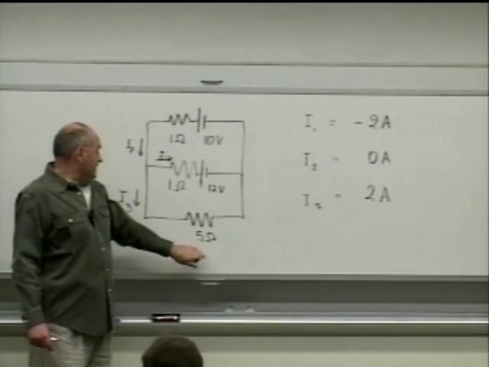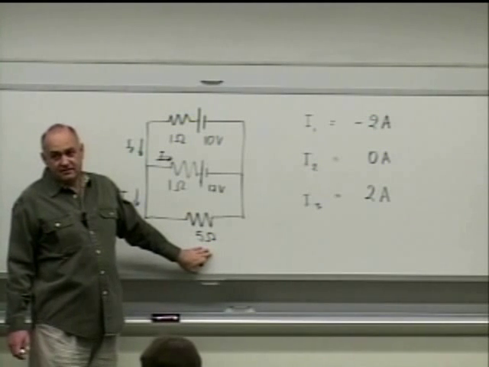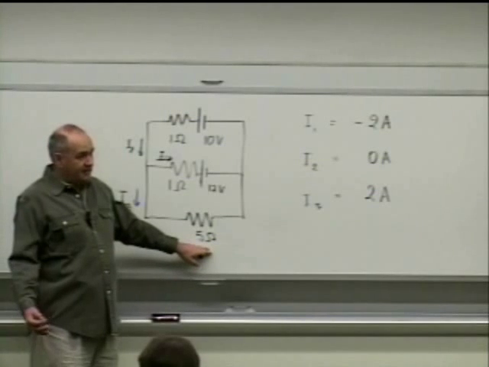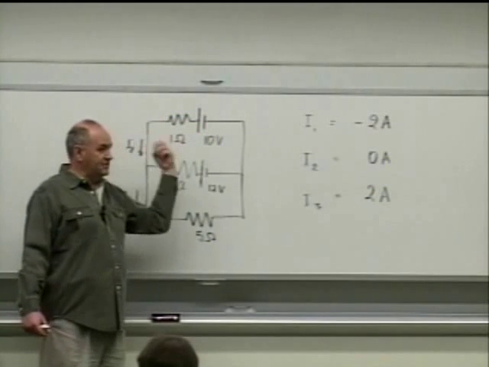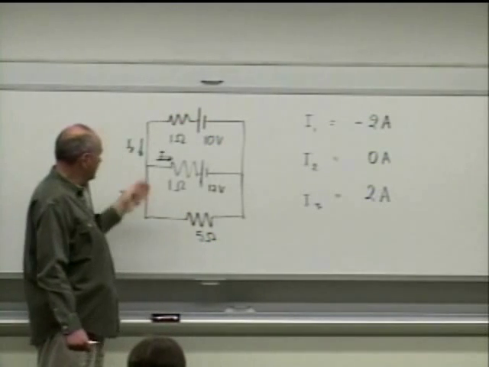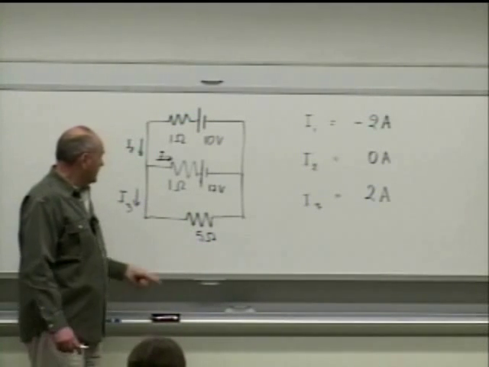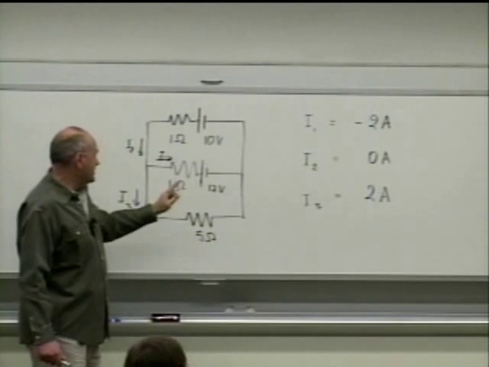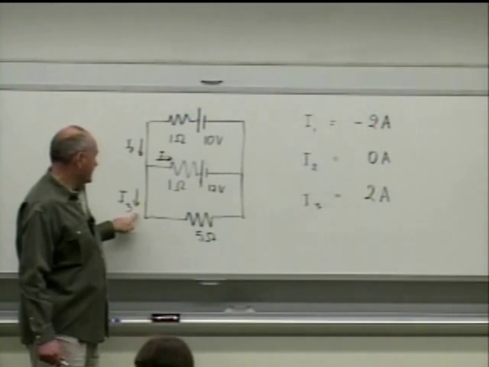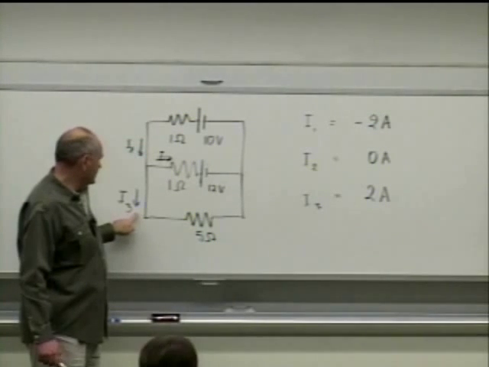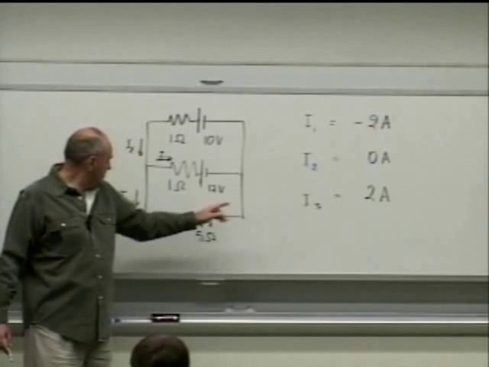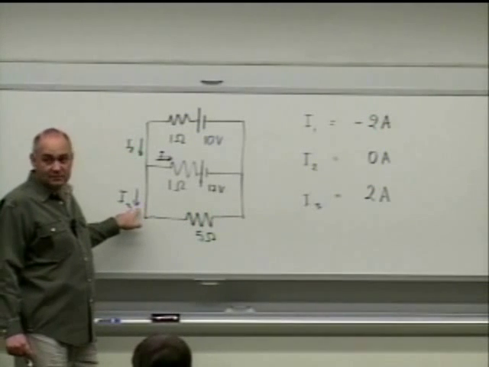If I even lower the resistance of this resistor, I can get a situation where both batteries will start to provide current that way. All right, now I3 is 2 amperes, which means that it flows in the direction consistent with what we marked.